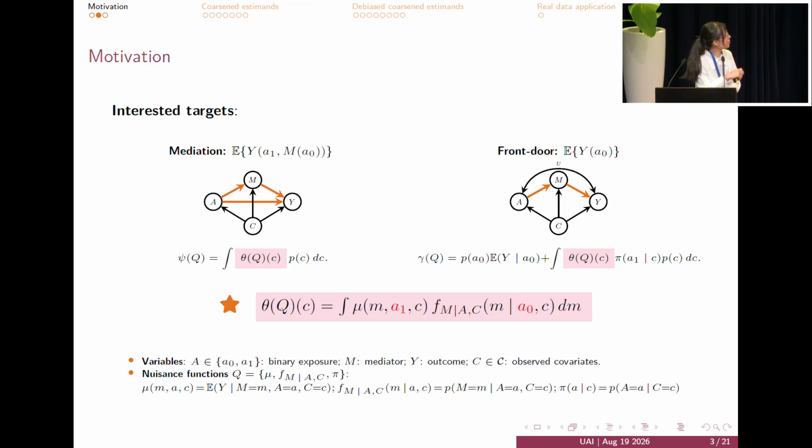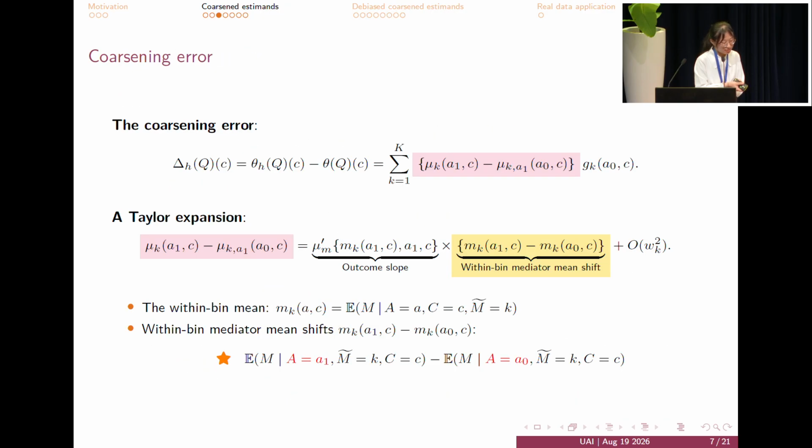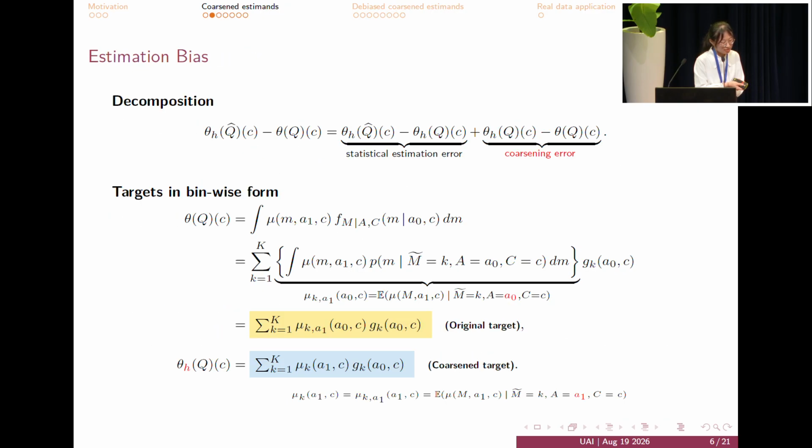Here we just focus on one potential outcome. Do you mean this average or within-bin average? Well, I mean the effect essentially. But here we don't talk about the effects. We just mention that when you want to calculate the mediation effect, you will need to know this potential outcome. Then how to calculate this potential outcome?